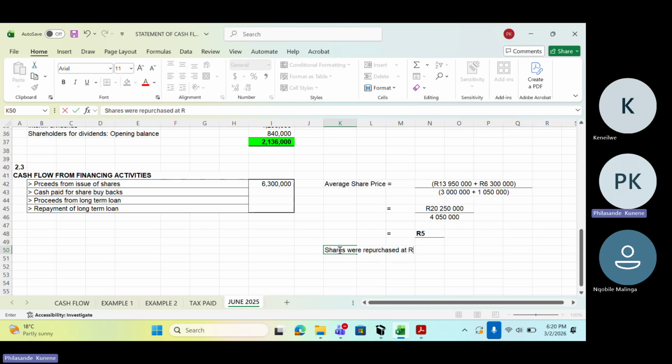Exactly, at 8 rands 50. So the shares were repurchased at R8.50. So for me to calculate the cash paid for share buybacks, that is 50,000 multiplied by R8.50. Okay, 50,000 multiplied by 8.50. Then how much are we getting?